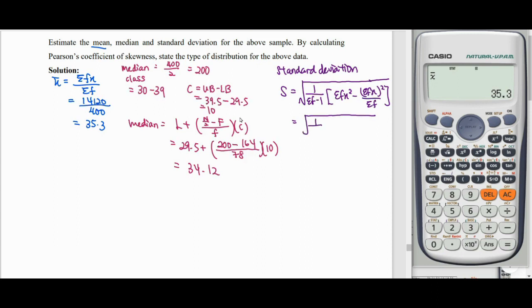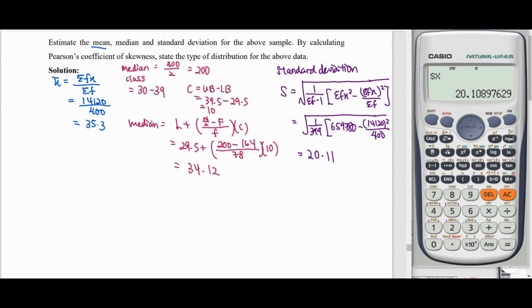So 400 minus 1, 399. Find out the summation x squared. Number 1. Then minus summation of x, which we already found in the median just now. Divide by total frequency, 400. Then we find from our calculator options to get the standard deviation.